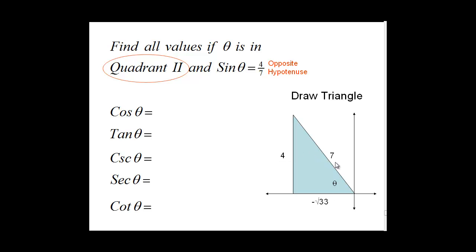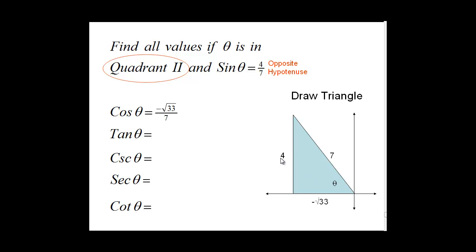Now, using Pythagorean theorem, 7 squared is 49. 4 squared is 16. So you have 49 minus 16 is 33. You square root it, and since we're going to the left, that's negative. So it's negative square root of 33. Now, given all of these numerical values, we can plug in for cosine, for tangent, cosecant, secant, and cotangent. Cosine is adjacent over hypotenuse, which is negative square root of 33 over 7.